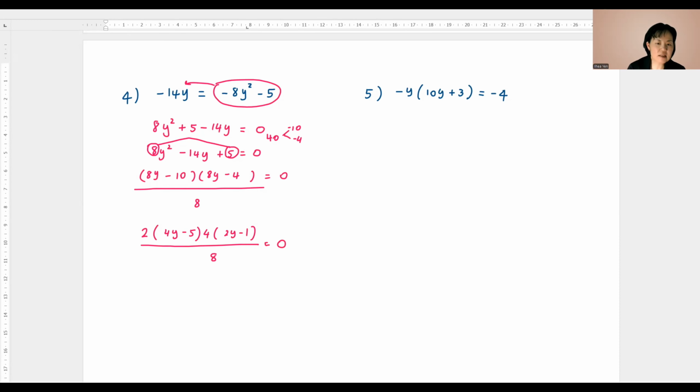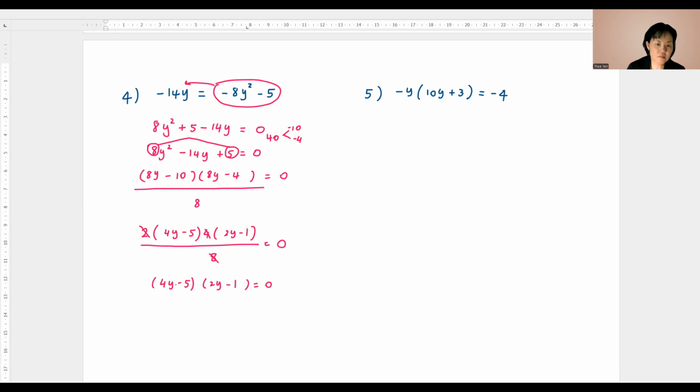Now, as you can see, I can cancel out, because 2 times 4 is 8, with my denominator, which is 8. So what I have left here is 4y minus 5, and then 2y minus 1 equals 0.